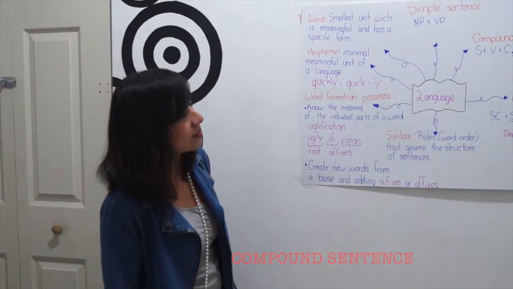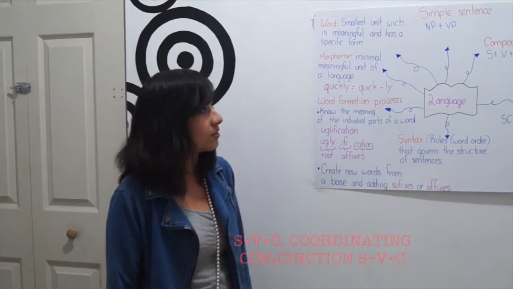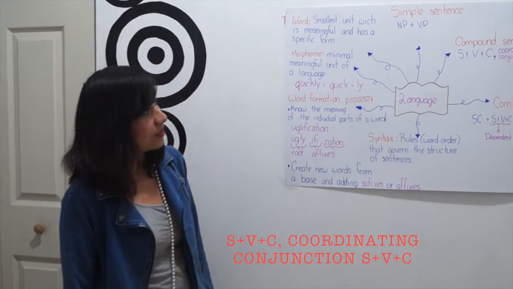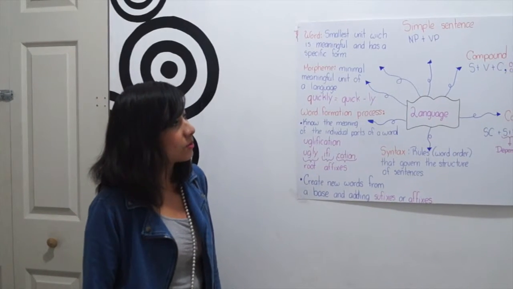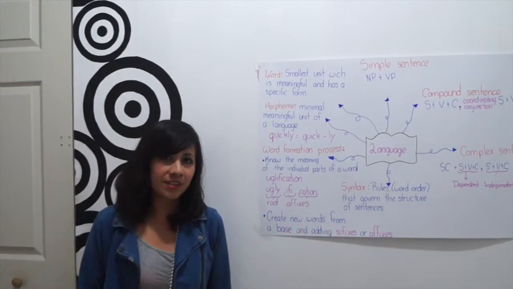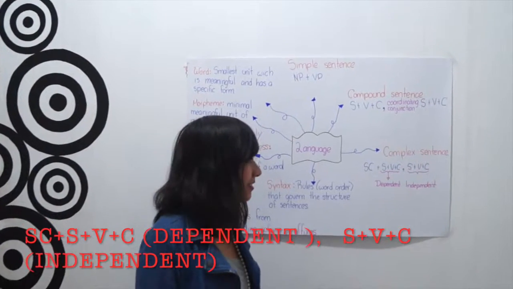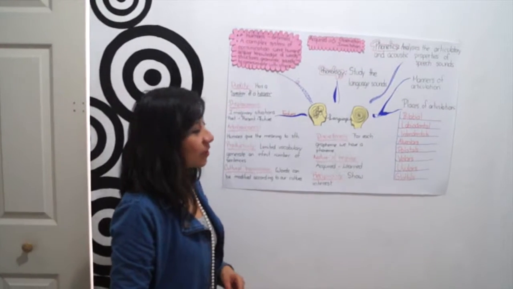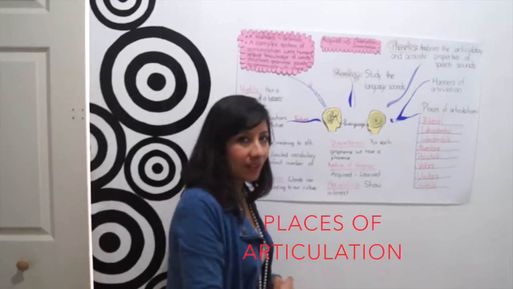A compound sentence that is formed by a subject plus verb plus complement, a coordinating conjunction, subject plus verb plus complement. And we have also a complex sentence that is formed by a subordinating conjunction plus a dependent sentence and an independent sentence.